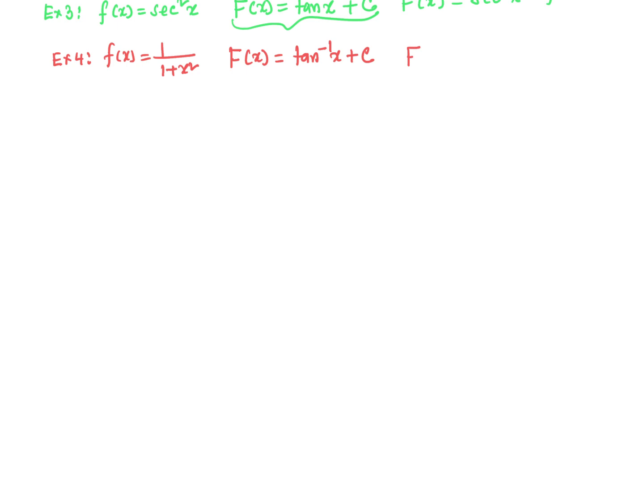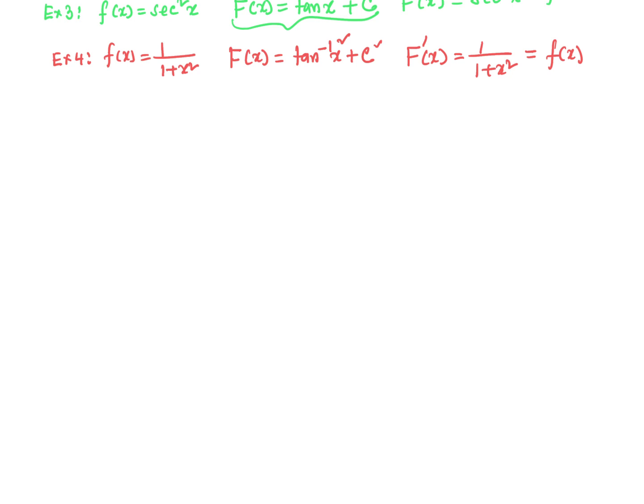As you can see, uppercase F prime of x is the derivative of tangent inverse of x, which is 1 over 1 plus x squared, plus the derivative of the constant, which is 0. So that is equal to lowercase f of x. So you can see how we can find antiderivatives for our basic trig functions and polynomials and stuff.